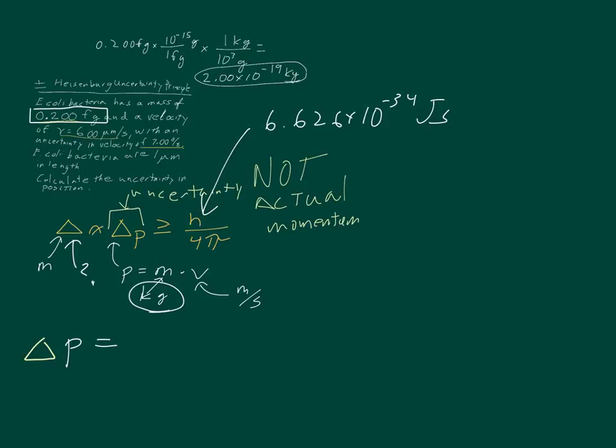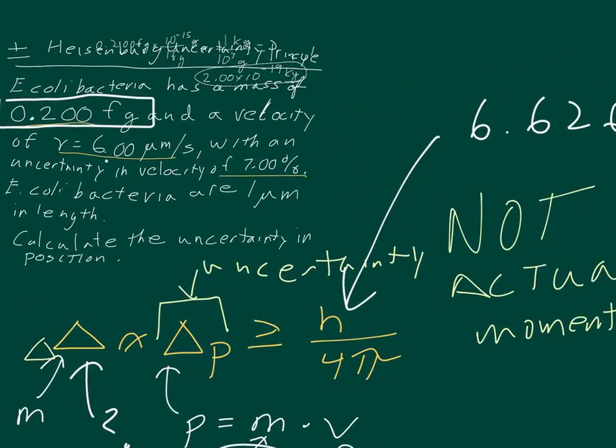They've given me a velocity. So let's see here. We've got 2.00 times 10 to the negative 19th kilograms times a velocity that they gave me in the problem. Once again, they've given me non-conforming units for my problem here. They've given me 6 micrometers per second. So I'm going to have to do another unit conversion. Non-conforming units right there.